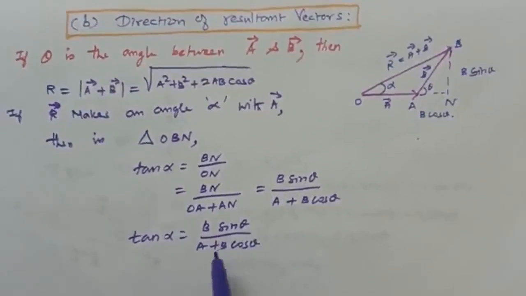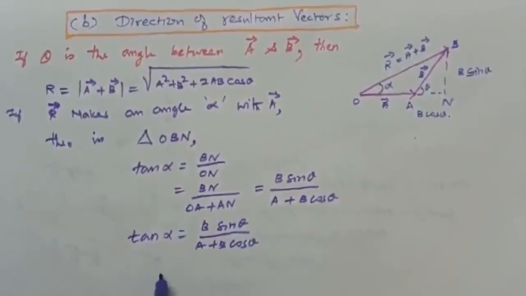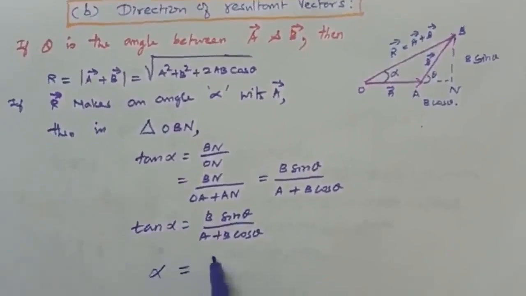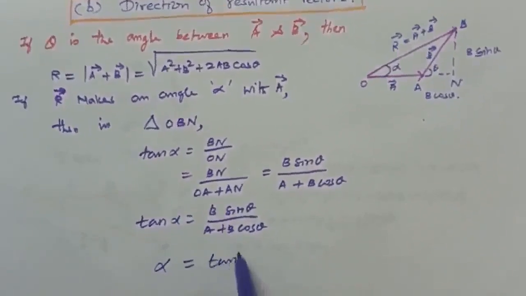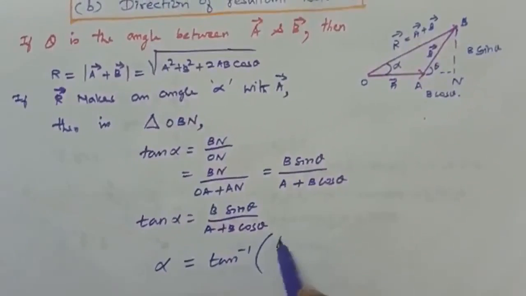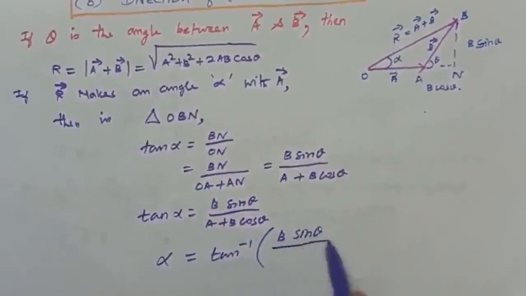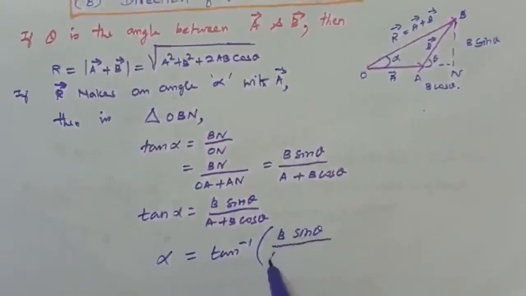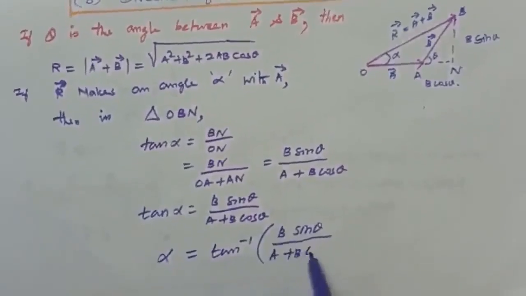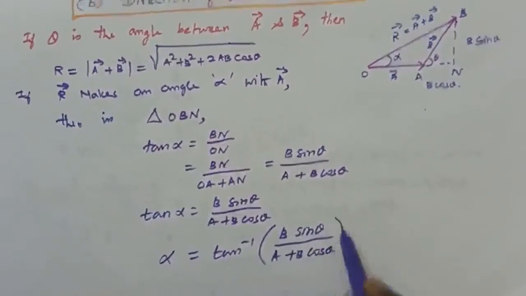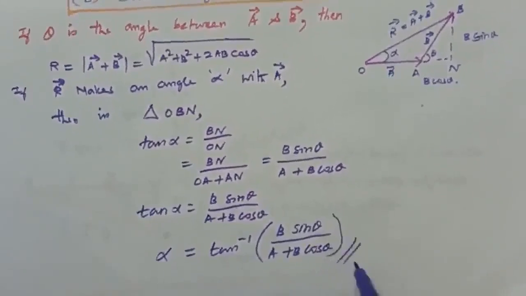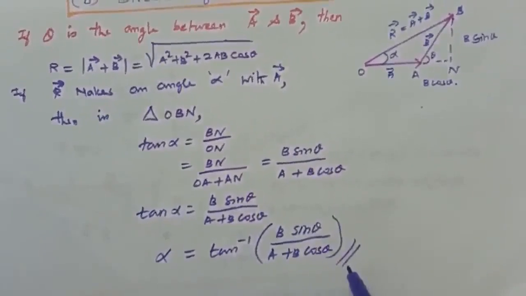And finally write it: angle alpha is equal to tan inverse of B sin theta divided by A plus B cos theta. This is the direction of the resultant vector.